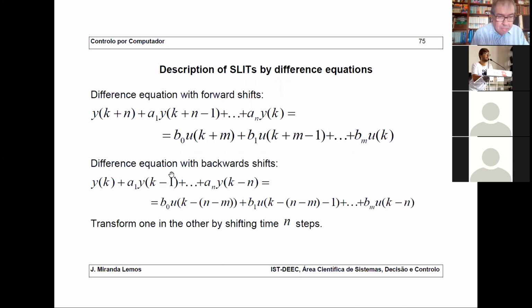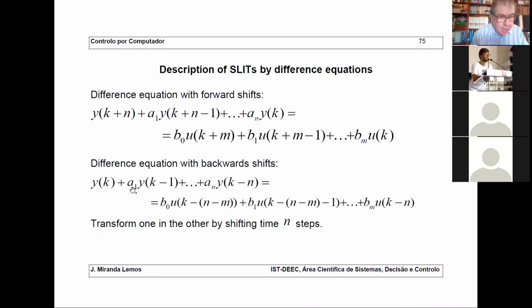Let's go back to the previous system. In general, what is the delay of this system where you have n advances in y and m advances in u? N minus m, okay?